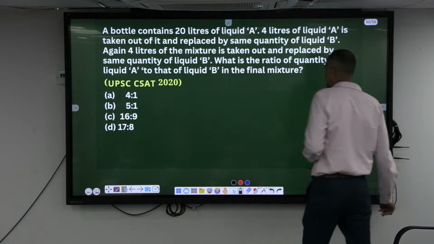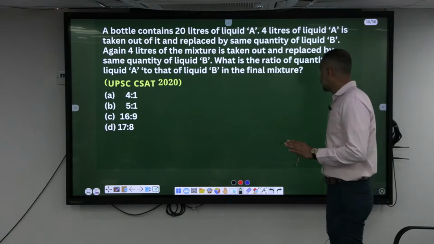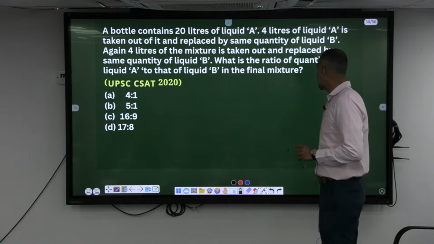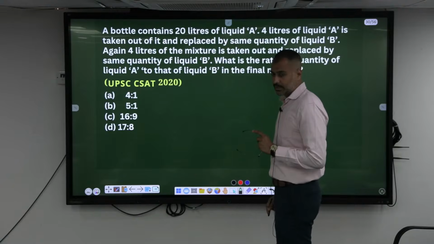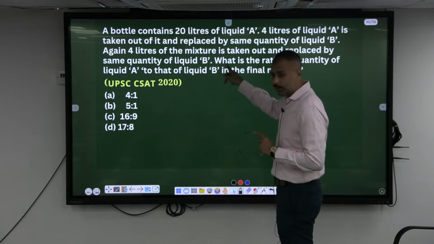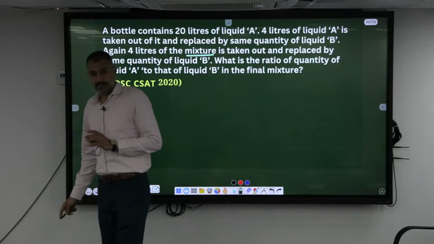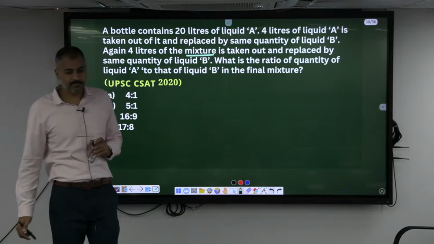Initially you have 20 liters of liquid A. You take out 4 liters of liquid A and replace it with the same quantity of liquid B. But when you take out 4 liters the next time, it's not liquid A, it will be a mixture.